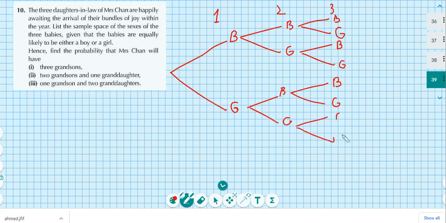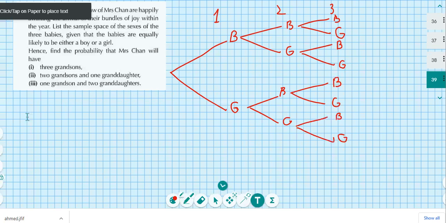So you can see that there are total 8 outcomes: 1, 2, 3, 4, 5, 6, 7, and 8. The first one is boy, boy, boy, then boy, boy, girl, then boy, girl, boy, and boy, girl, girl. So these are the outcomes. You can write them in a set.